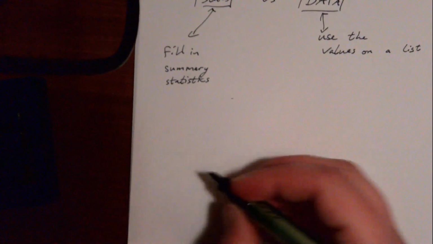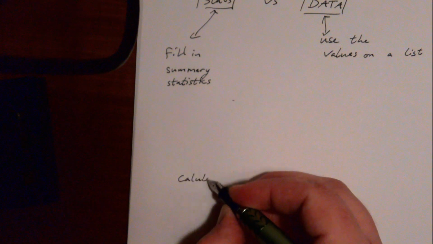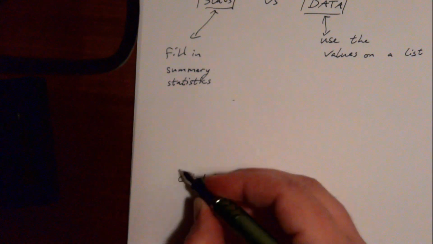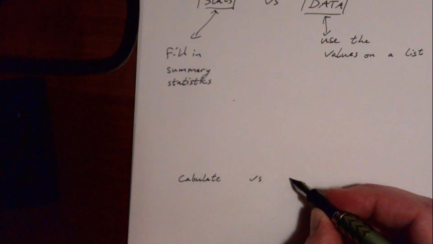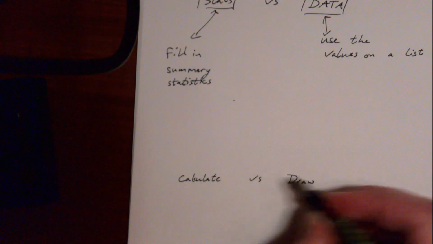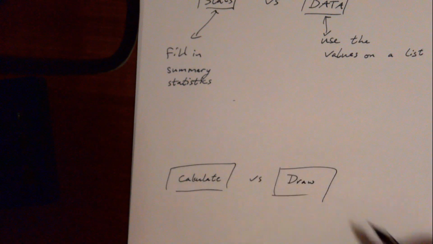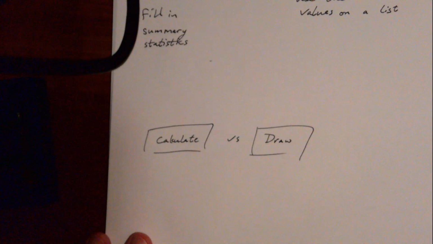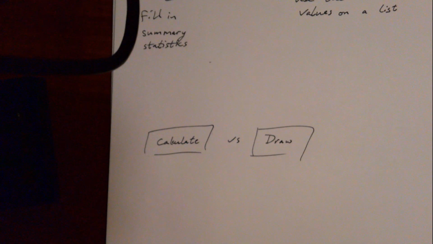And then at the very bottom, there is calculate versus draw. Calculating will just tell you things like the test statistic, the p-value, and things of that sort, letting you draw your conclusion.